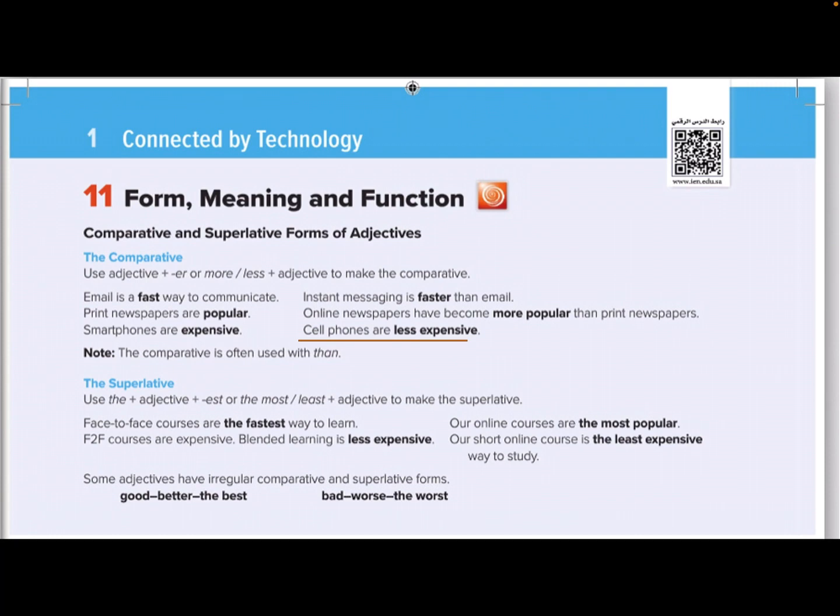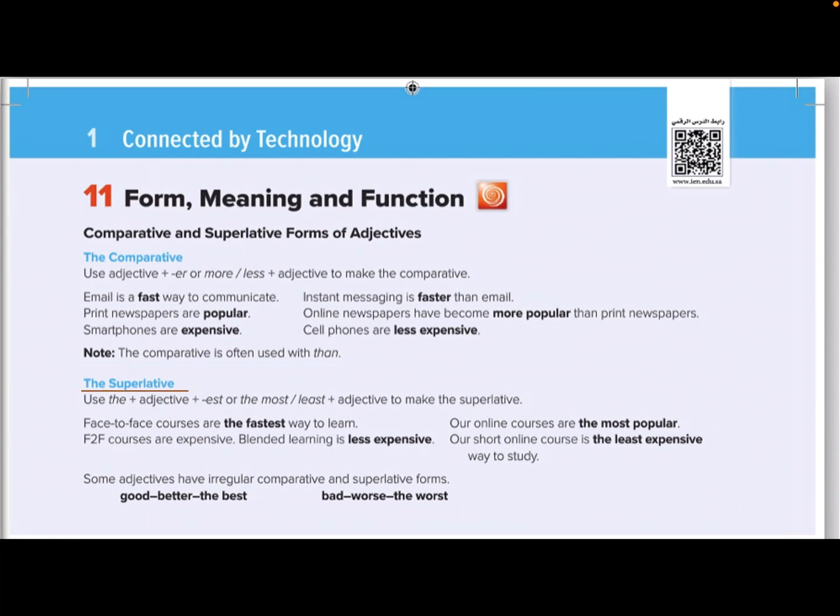Expensive تعتبر صفة طويلة. So we use less to make comparative. استخدمنا less لعمل المقارنة. Note: the comparative is often used with than. ملاحظة: في الغالب نستخدم كلمة than في the comparative أو المقارنة بين شيئين.